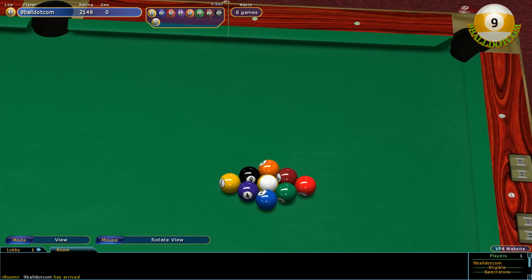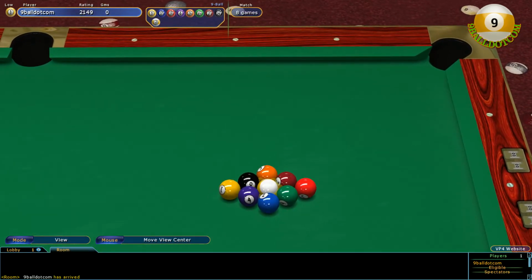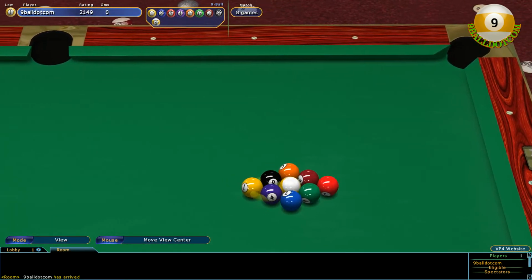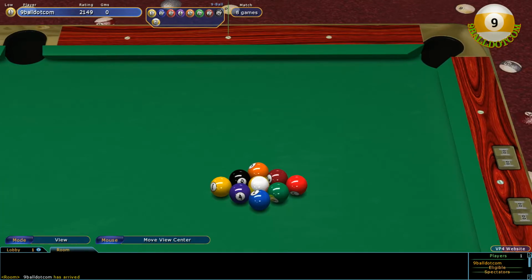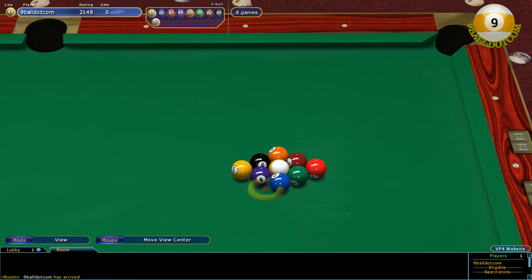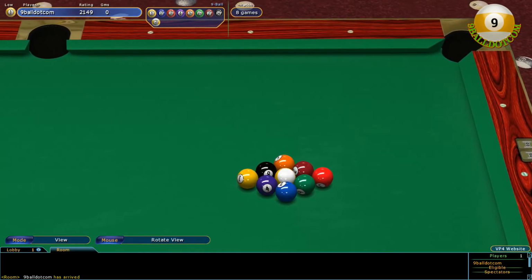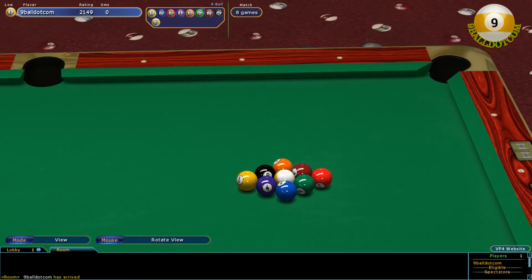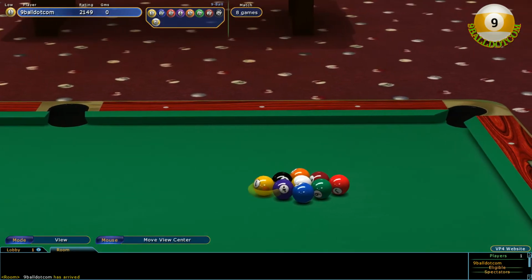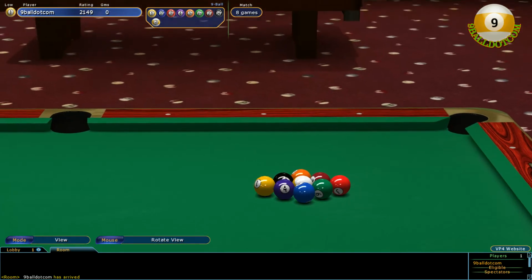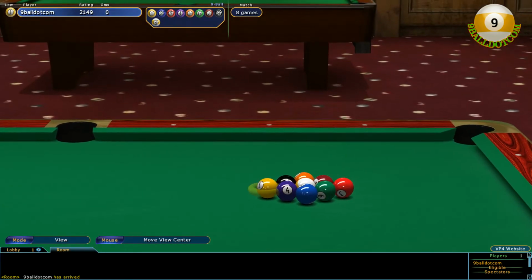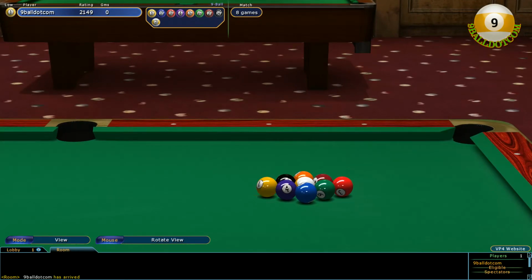In this case, the 9 ball is sitting 2 inches behind where the 1 ball is. It's behind the second row of balls, so that is a normal rack of 9 ball, and the 1 ball is sitting there. So we'll look at this angle and see where the money ball's sitting, and we'll put rack money on.